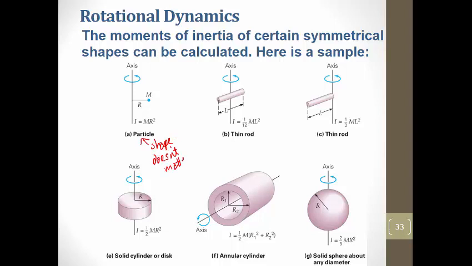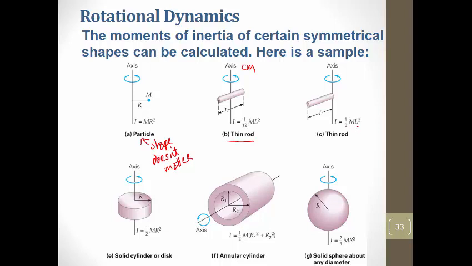It doesn't mean that it's actually a physical particle like an electron. Here we have a thin rod. If it's rotating about the center of mass, the moment of inertia is 1/12 ml squared, m the mass of the rod, L the length of the rod. If we move it to one end, then our moment of inertia is now 4 times larger.